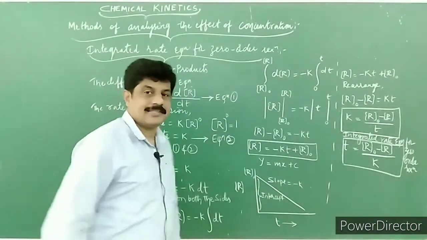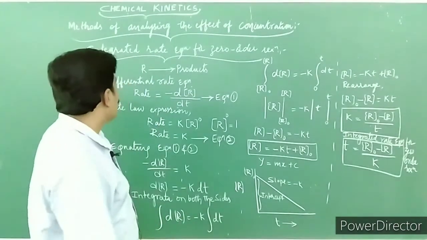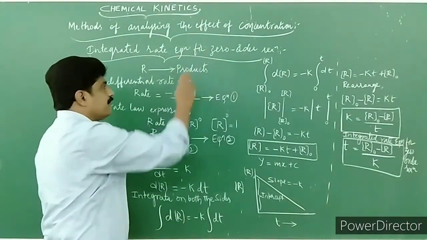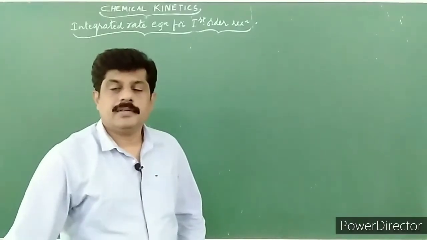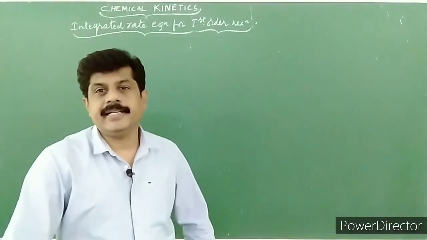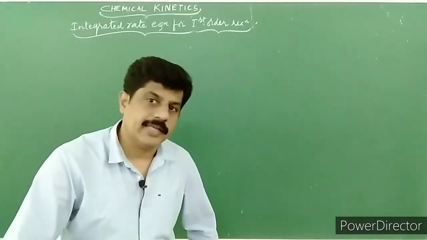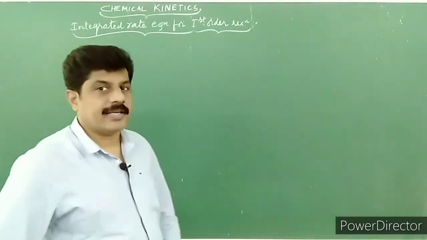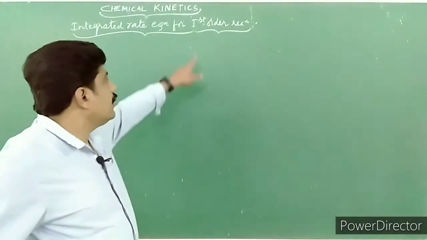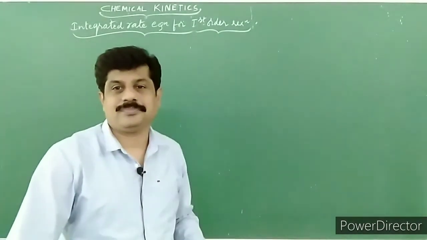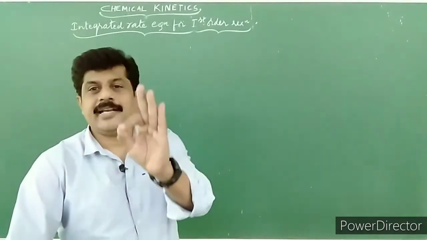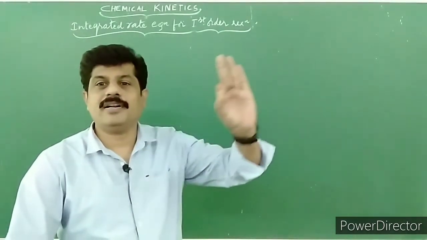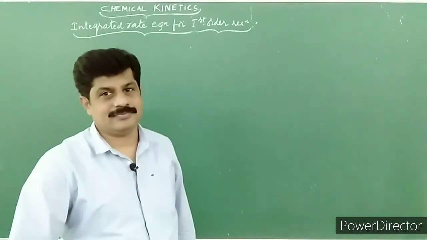Children, once you understand this, let me go for the second one. What is that? Integrated rate equation for first order reaction. Children, after understanding the integrated rate equation for zero order reaction, let me go for the second one, integrated rate equation for first order reaction. In the introduction, I said integrated rate equation is different for different order of reaction.